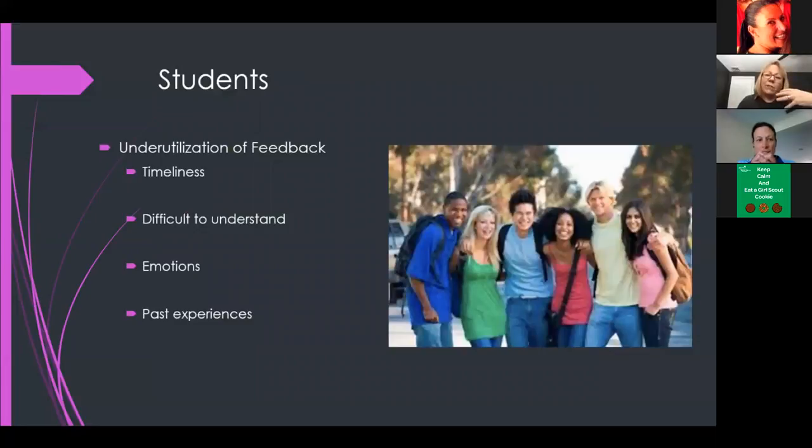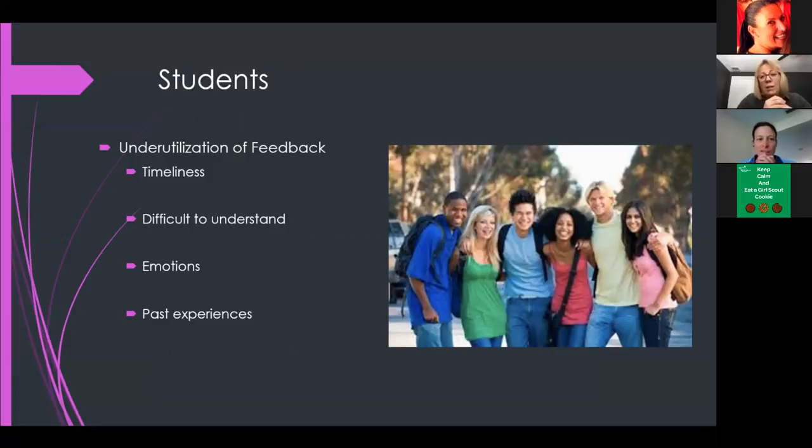So I looked into some of the reasons why. There's been some research on feedback and why students do not use or underutilize the feedback they receive from their faculty. And these were the top areas that students identified.